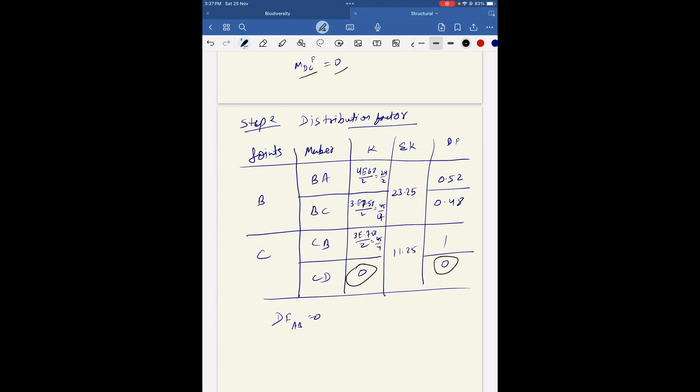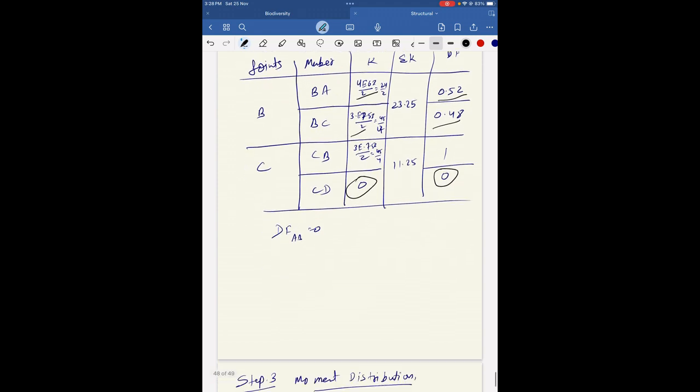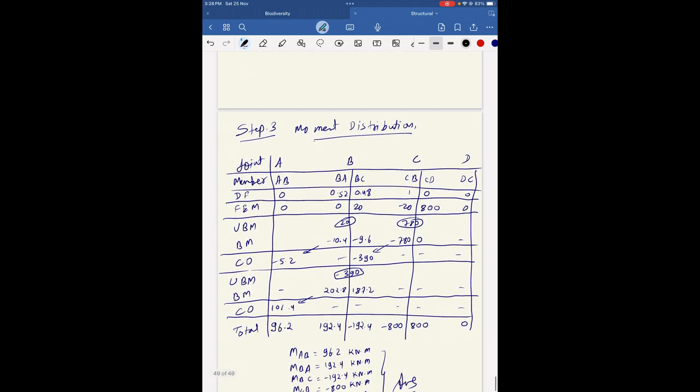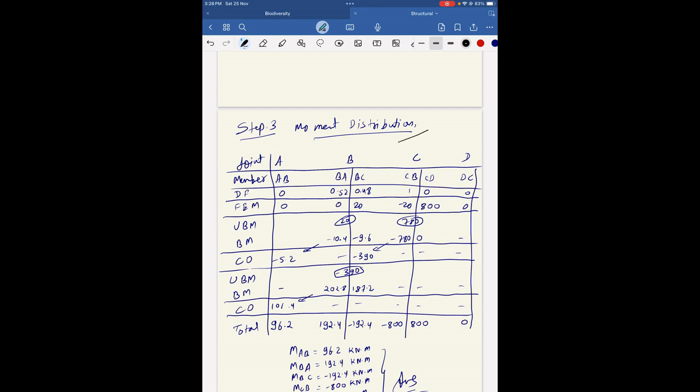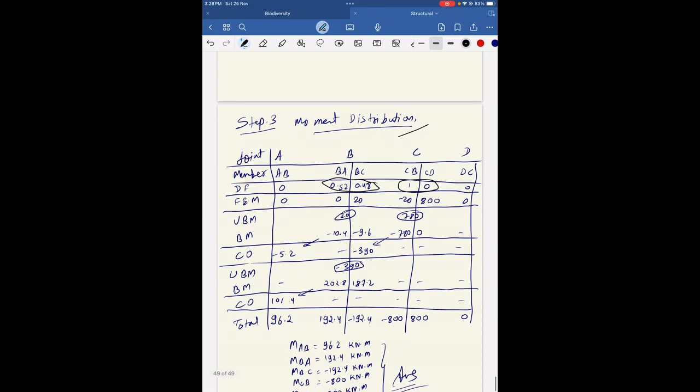And at BA it is 4EI by L, at BC, where C is pinned and D is open, so here it is 3EI by L. So we have distribution factor of 0.52 and 0.48. Now step 3 we have moment distribution. So at B moment distribution is this, and at C moment distribution is 1 and 0.